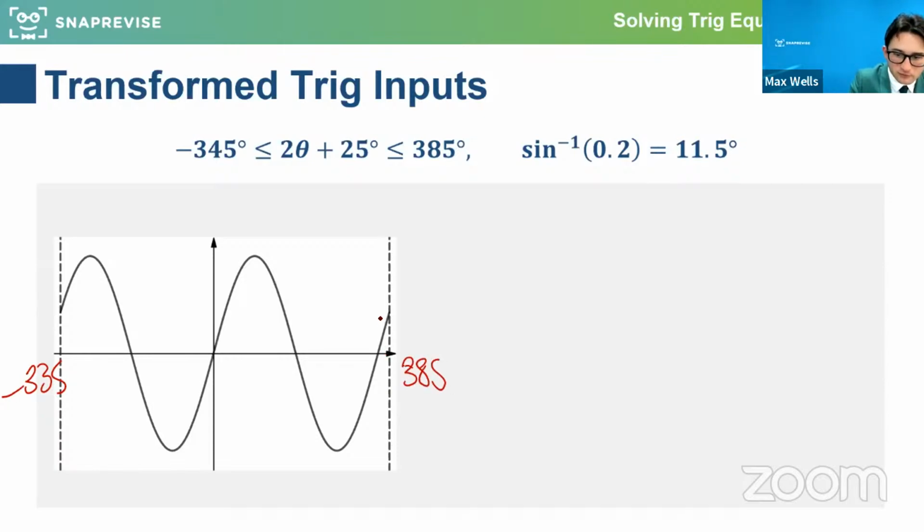And we've just found that the first value is 11.5. And we know there's going to be another one there, potentially another one there, another one there, and the one here might just be out of range. So what we do is we find the other values.